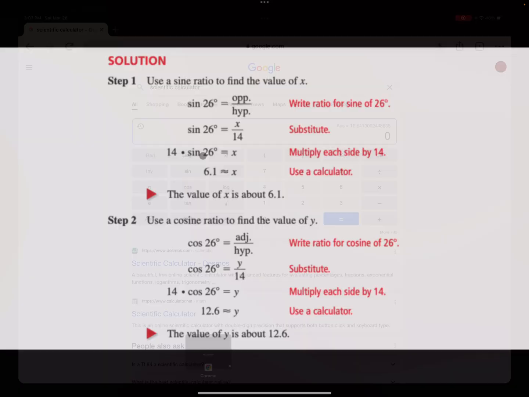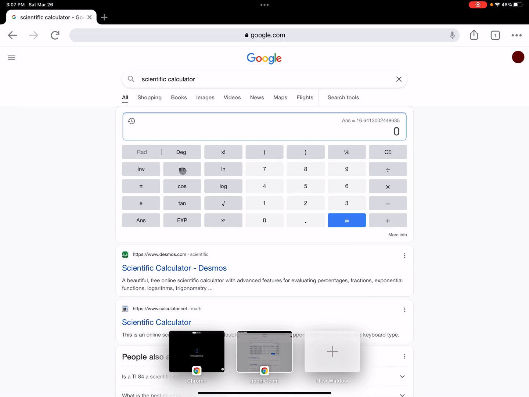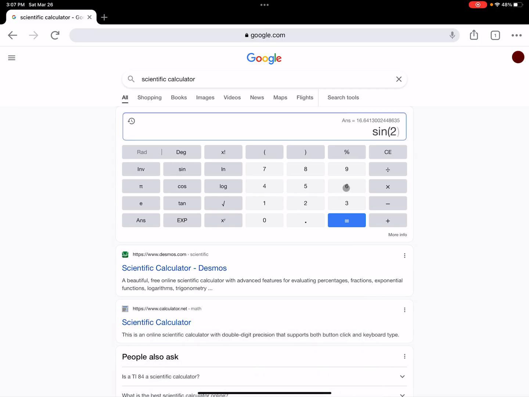If I need to know what the sine of 26 is, I'm in degrees. Sine 26 times 14 equals about 6.1.